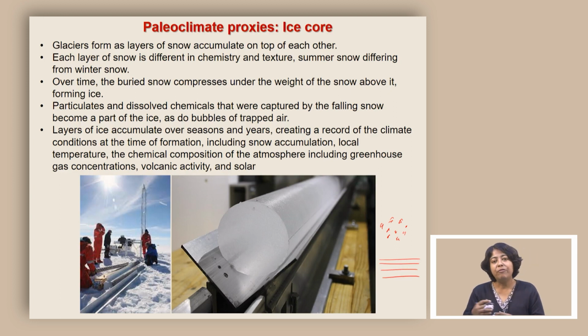Now, every time it is basically creating these layers, new snow is falling down, and because they are very light and there are gaps in between, they also incorporate air bubbles, and these air bubbles are representing the atmosphere outside. Sometimes they even take particulates and dissolved chemicals that are being captured with the falling snow.